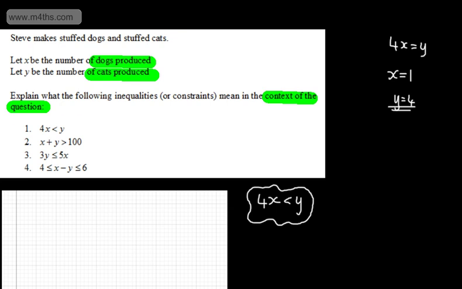Now, if we think about this, it's essentially reading the statement I just read out, but backwards. So that's another way that you could say that. An alternative, for every 4 cats, there must be less than 1 dog.